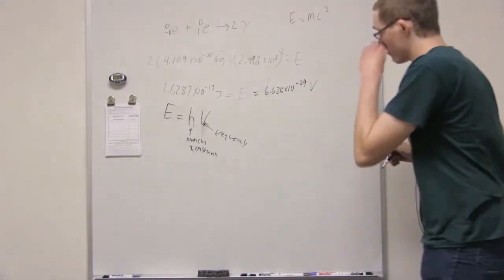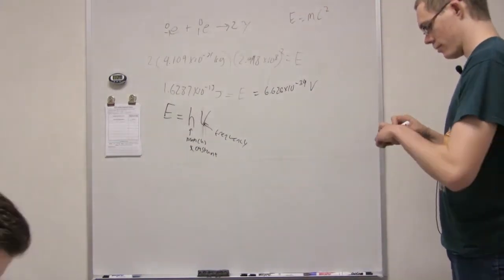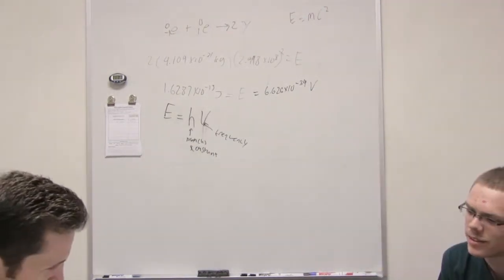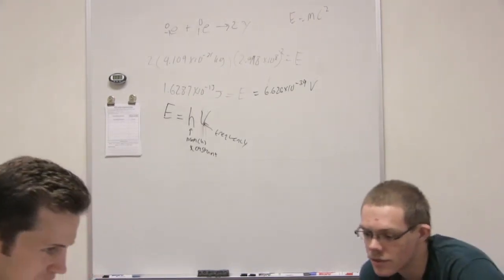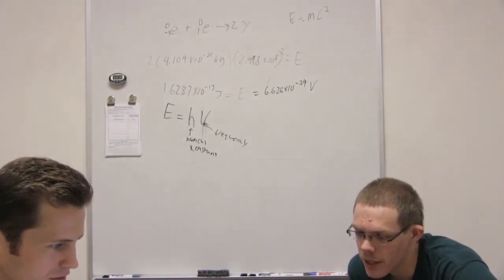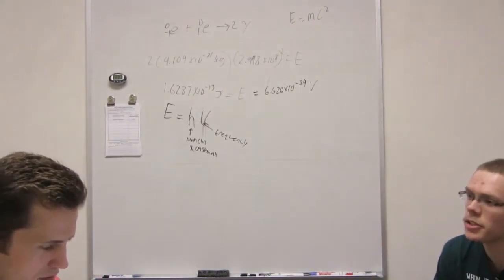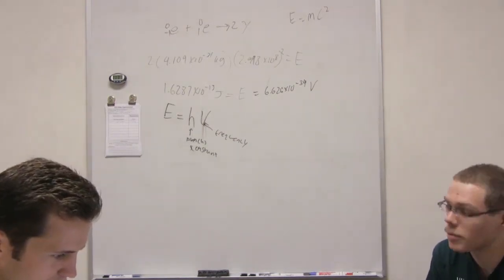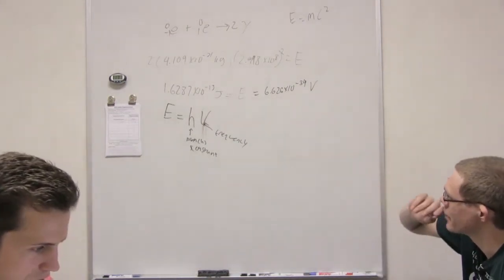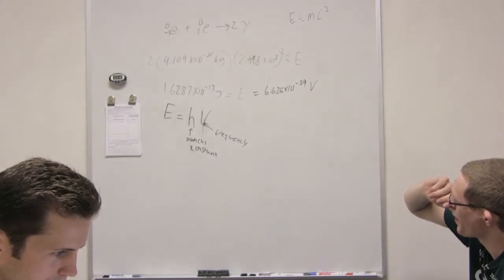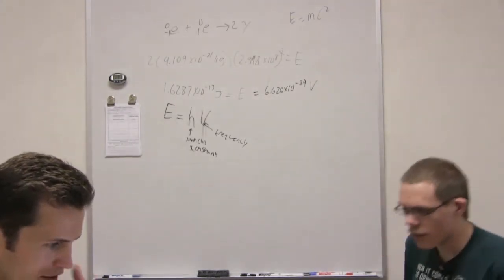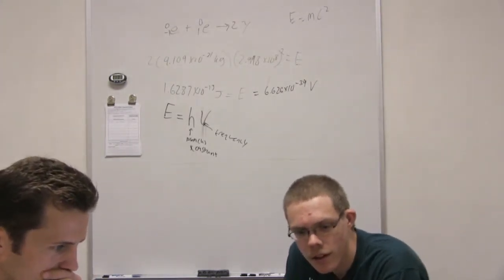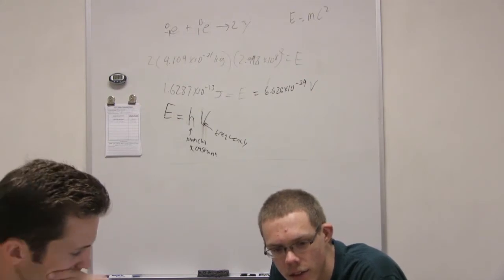Okay, that's not too bad if it's set up like that. So I got 2.458 to the 20th. Which would make sense. Gamma rays have a super high frequency. So provided we've got the right constants from that website. We'll see.